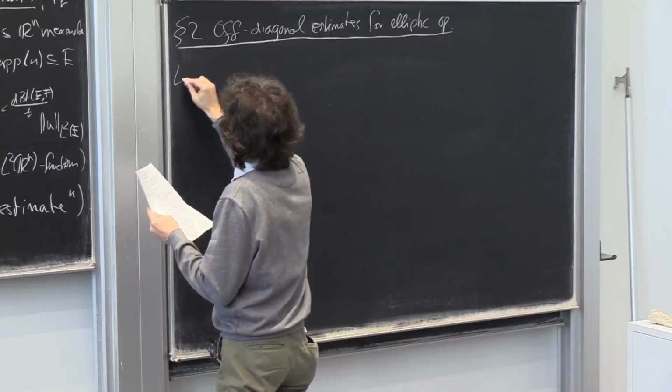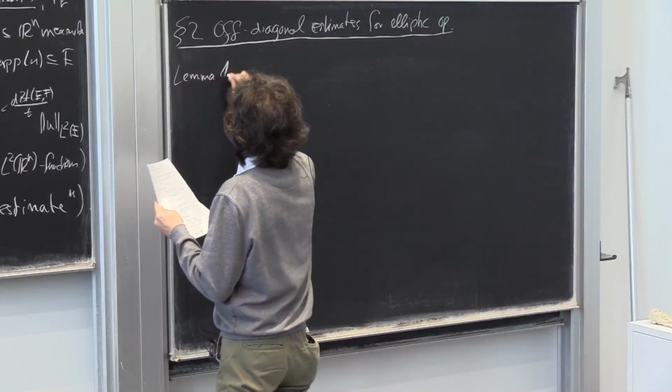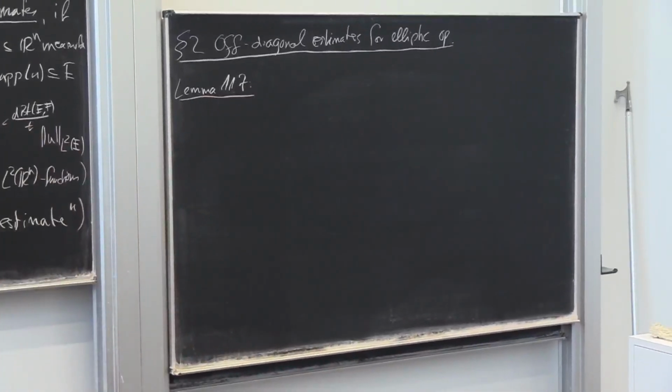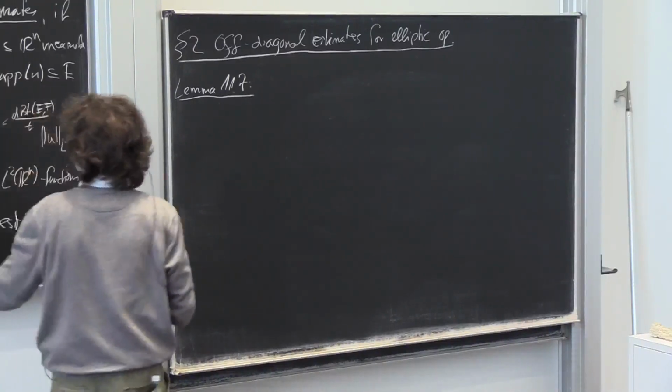And the first thing we will do is to look at the case E equal F equal R^n. So if there are off-diagonal estimates, then they hold for all choices of E and F. So in particular, you have to have them for E equal F equal R^n.